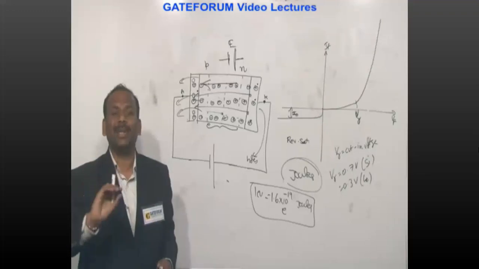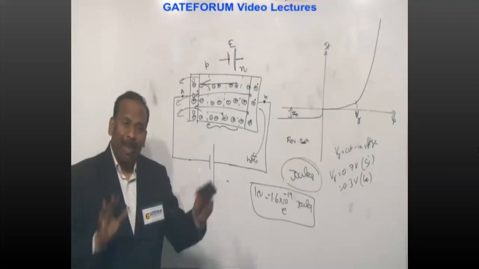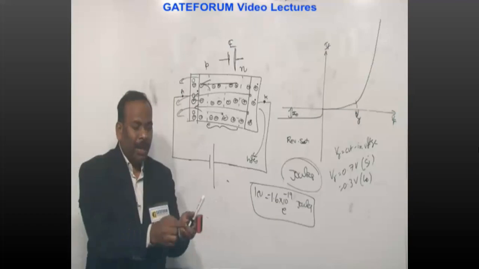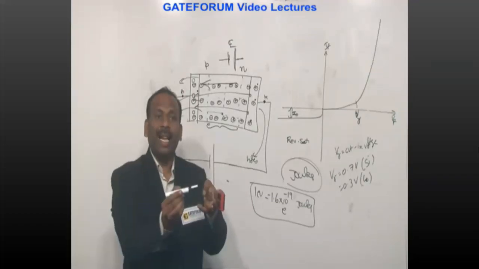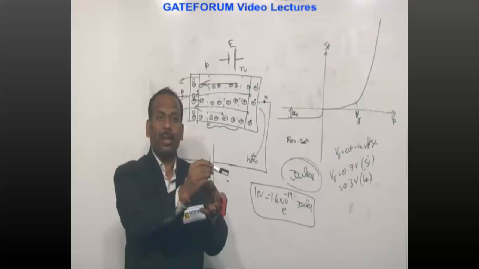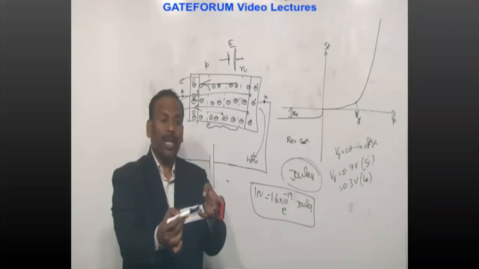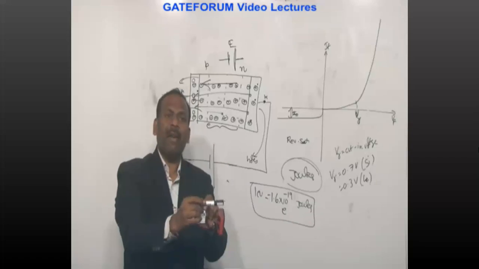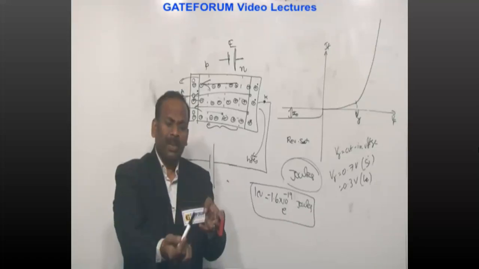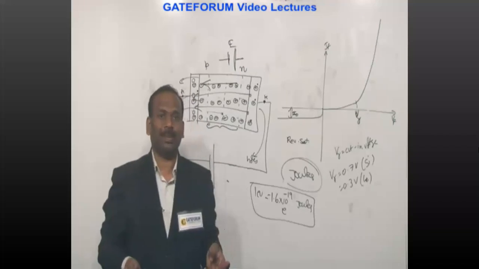Indirectly we are assuming it's reducing the potential, but actually the barrier will be there. Let us suppose this is the barrier and the electron has to come here. It does not have energy to cross. From an external source we are giving energy so that it crosses the junction and overcomes the barrier.